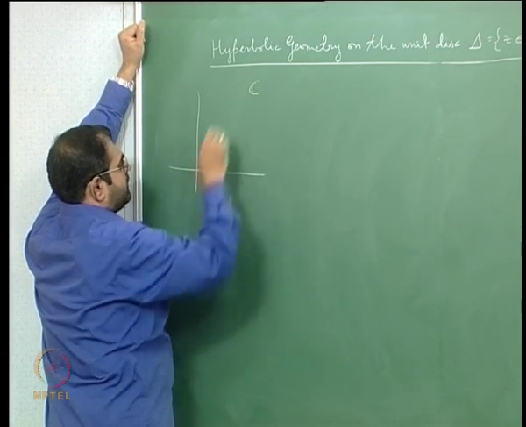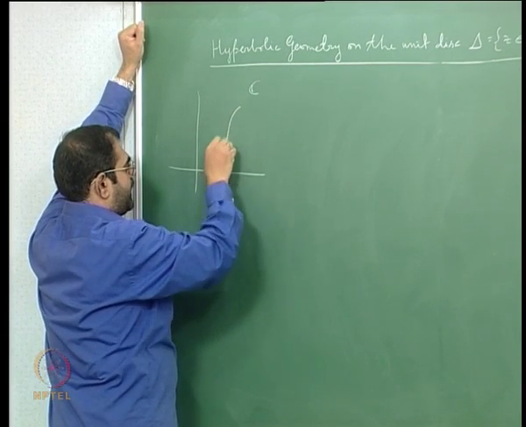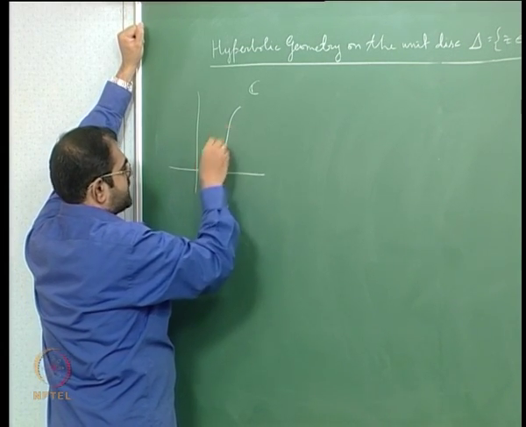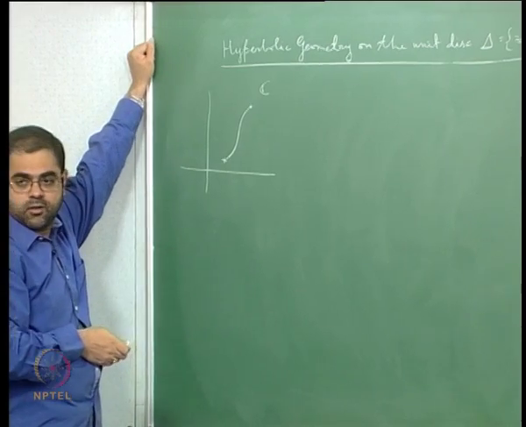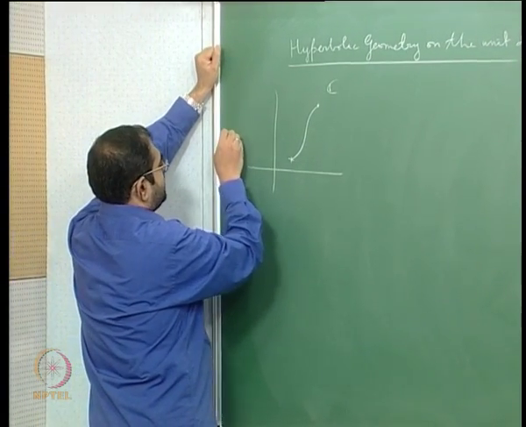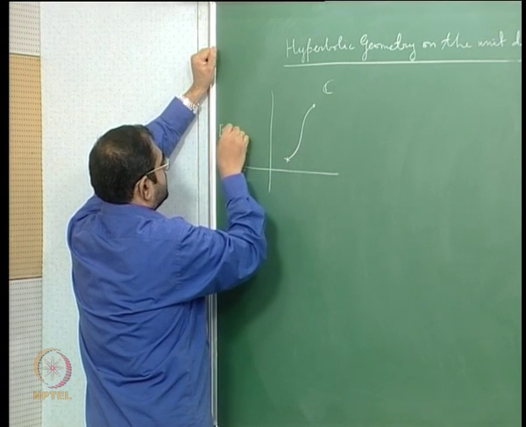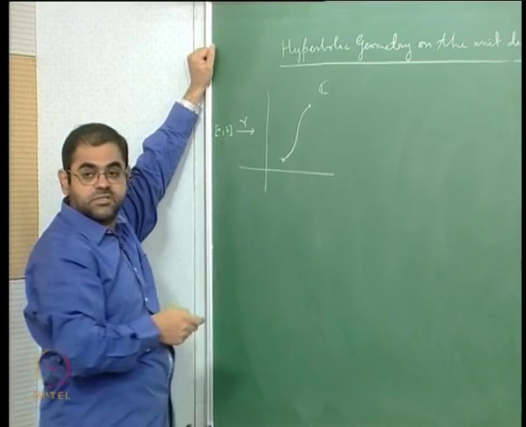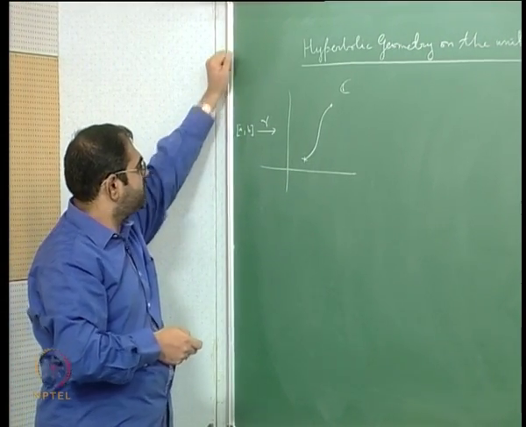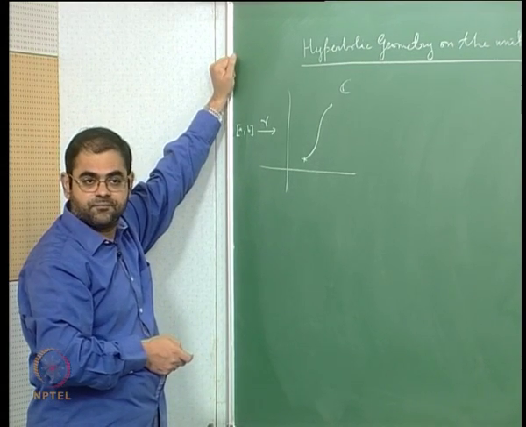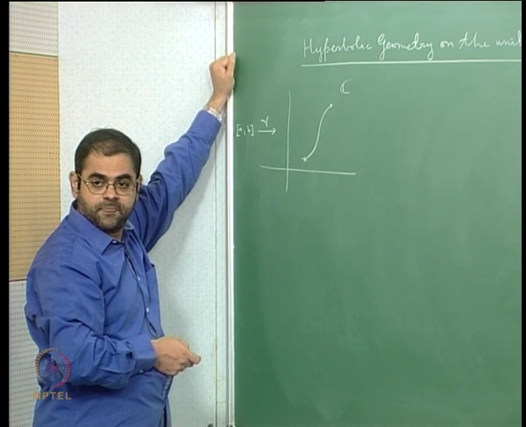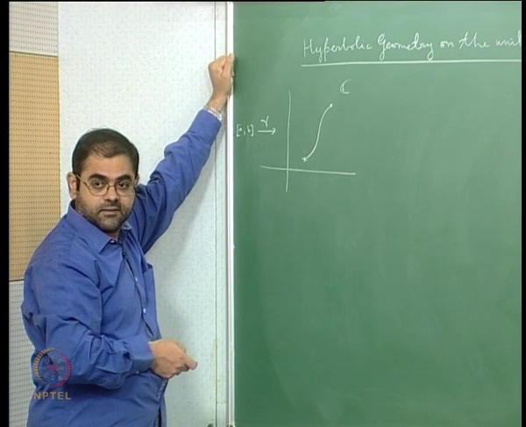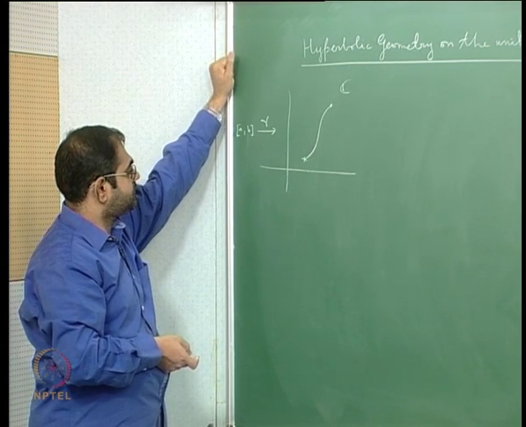Suppose this is the complex plane, and suppose you have a piecewise smooth arc or contour, which is just the image of the unit interval, or any closed interval on the real line, by a function gamma which is continuous and piecewise differentiable, and such that the derivatives are also continuous.